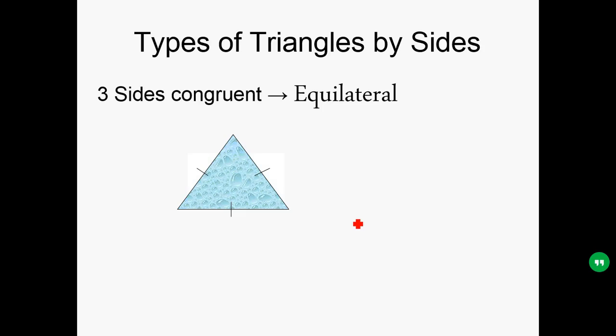We're going to name triangles, and I'm going to give you a couple of different methods. The first three are based on naming by sides, and then I'll talk about how to name triangles based on their angles. In this triangle, all three sides are congruent. That's what those little tick marks mean. When all three sides are congruent, the triangle is known as equilateral.